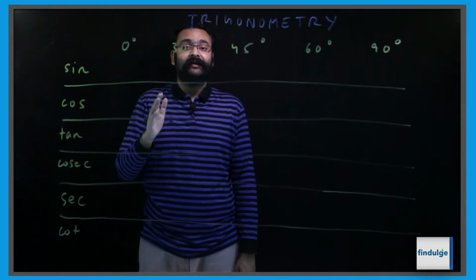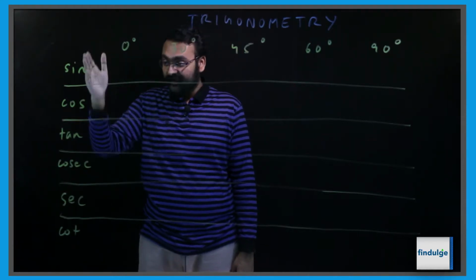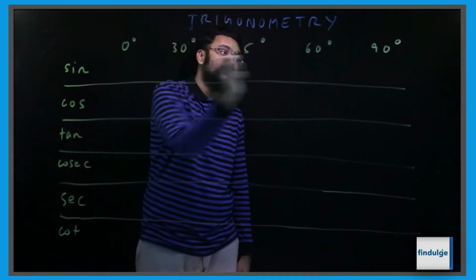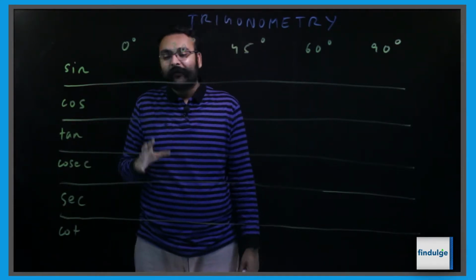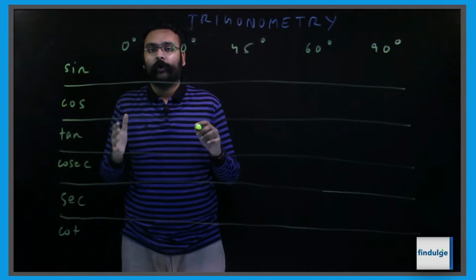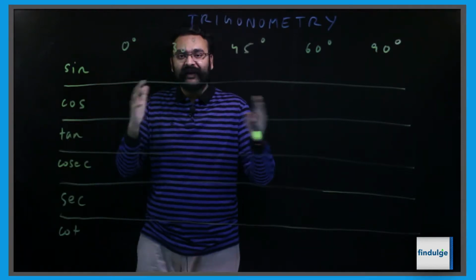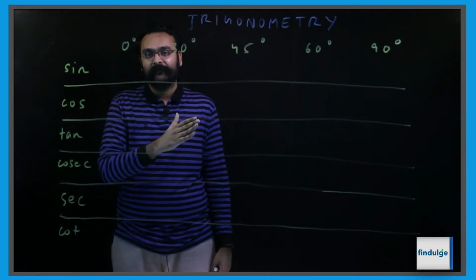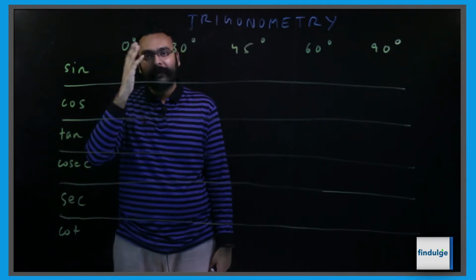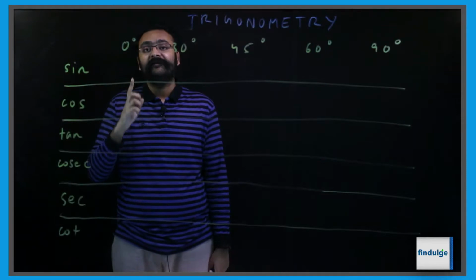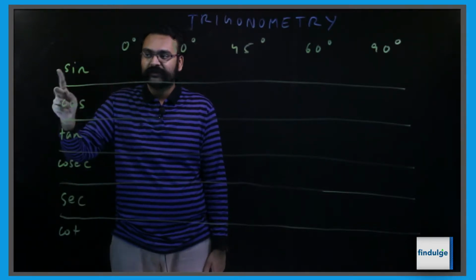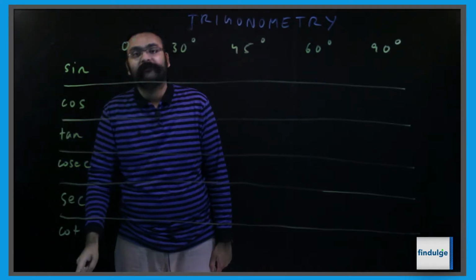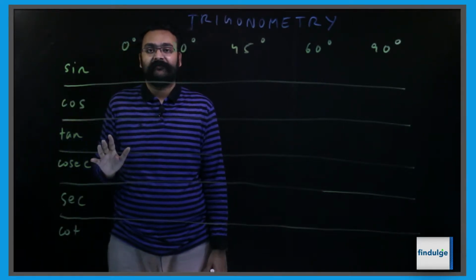You are expected to remember each trigonometric function value for each of these angles. Now while that might initially look very daunting, the reason I am filling in the table with you is when you learn how to fill the table in, you also learn how to remember the values. In fact, if you just remember the values of sine, you can actually get all of the others from that itself.